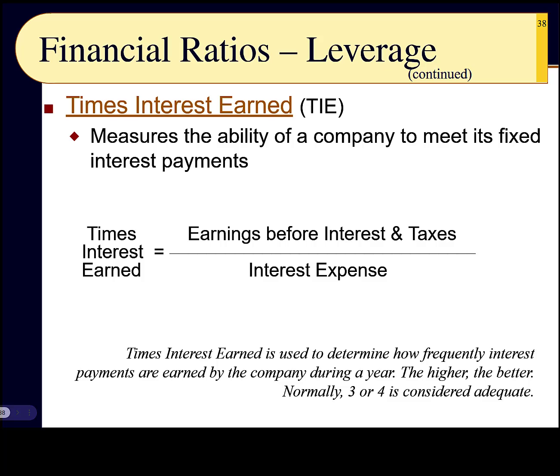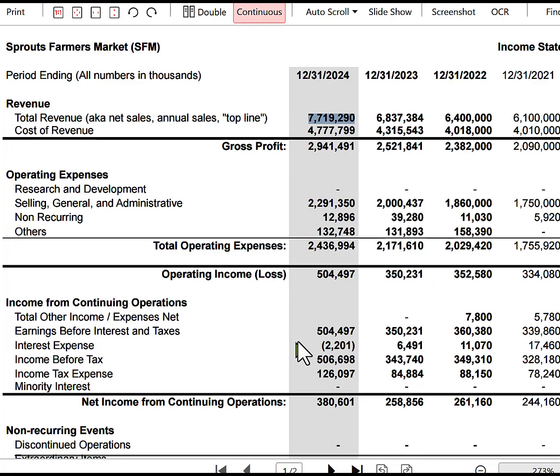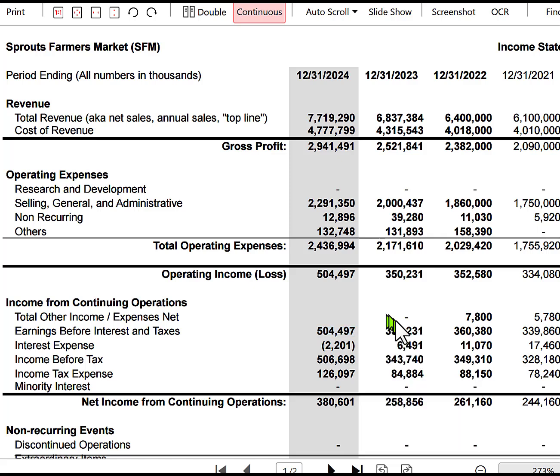Let's go back to the income statement. And so where is their earnings before interest and taxes? $504 million. And in the previous year, they paid almost $6.5 million. The year before that, $11 million. This year, they actually earned interest, net, because they have a bunch of cash and they're making money off the cash.